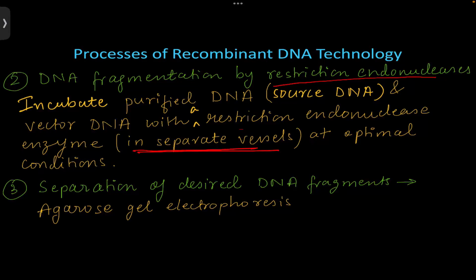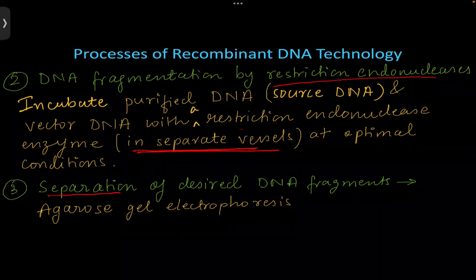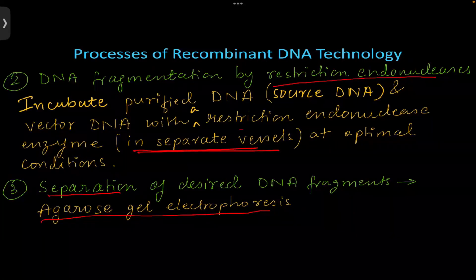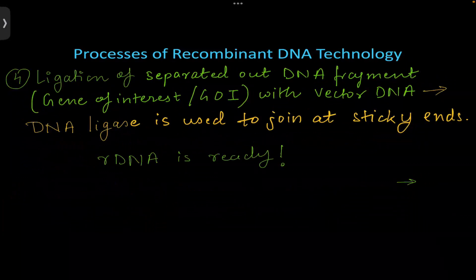Now these DNA fragments need to be separated. Okay. For separation, you have already learned the method of agarose gel electrophoresis, where the DNA fragments are separated based on their sizes on a porous agarose gel matrix, where under an applied electric field, the DNA fragments migrate from the negative end to the positive end.